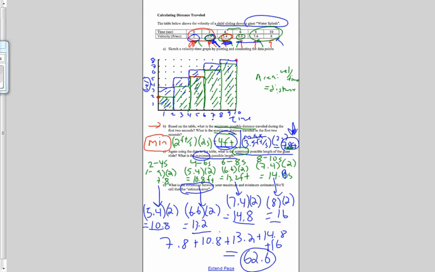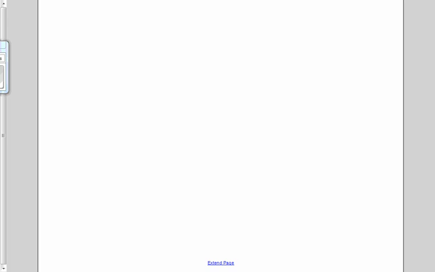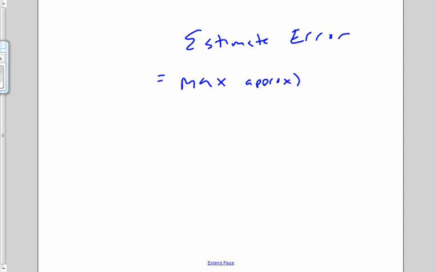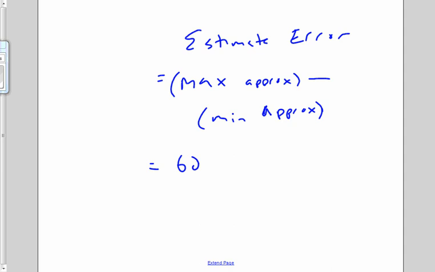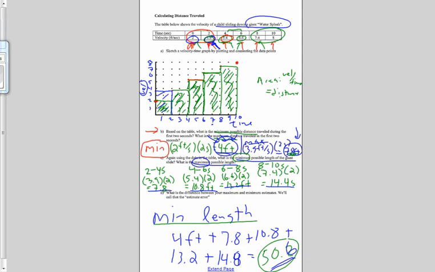So our estimate error is our maximum approximation minus our minimum approximation. So for this particular problem, our maximum was 62.6 and our minimum was 50.6.